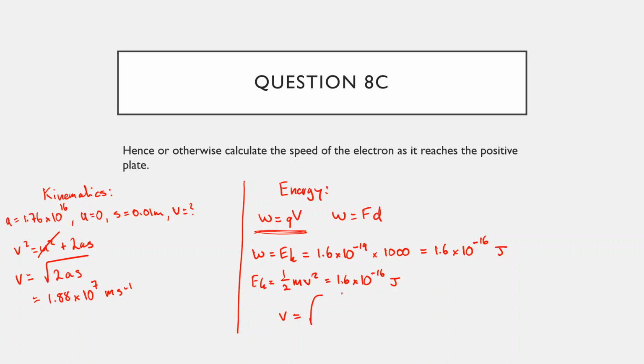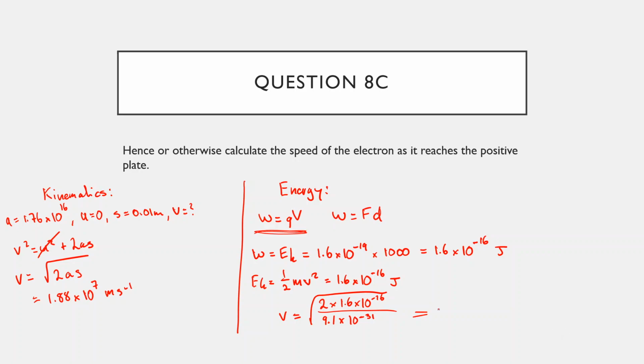So it's going to look like the square root of 2 times 1.6 times 10 to the negative 16 divided by the mass of the electron, 9.1 times 10 to the negative 31. Just be careful when you're typing this stuff on your calculator. Make sure that you use brackets appropriately so you don't accidentally divide by something wrong.